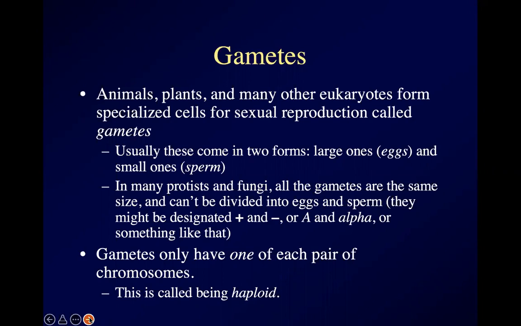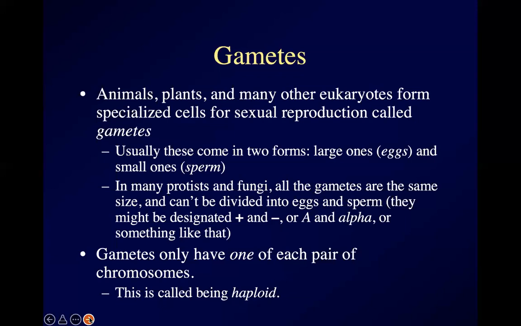So when you started out your existence inside your mom's fallopian tubes, your mom produced an egg cell that had 23 chromosomes, one of each pair of chromosomes that she has. Your dad produced sperm cells with 23 chromosomes each, one of each pair of chromosomes that he had.